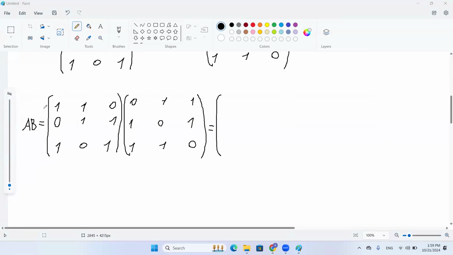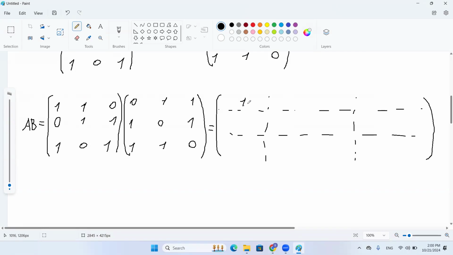So for the first cell, I will divide a little bit, just not to get confused from this matrix. So 1 by 0, 1 by 1, and 1 by... so 0 plus 1 plus 0, 1. Okay.